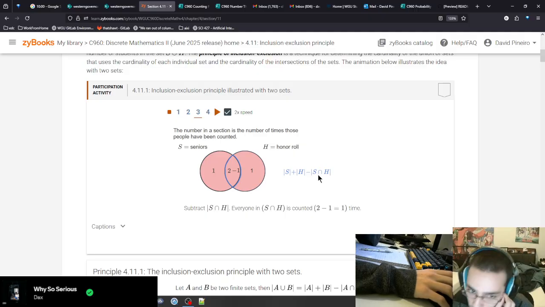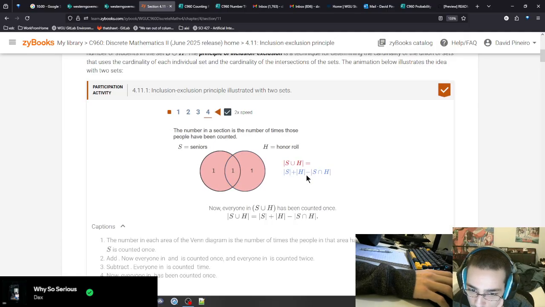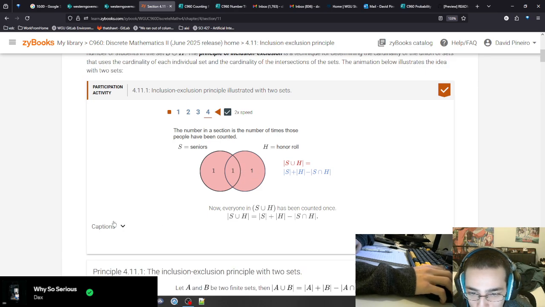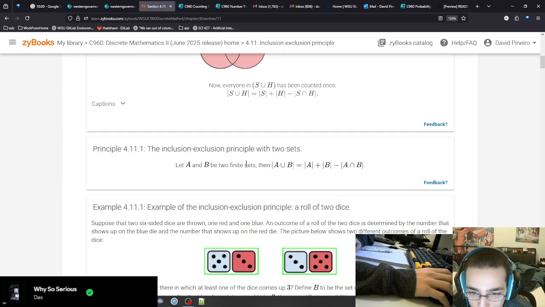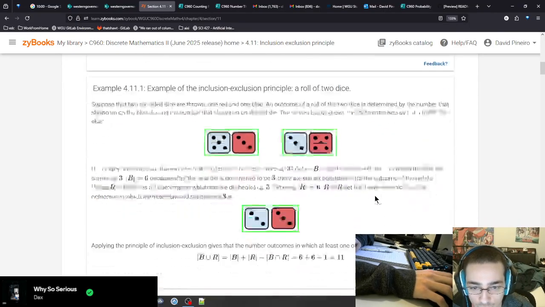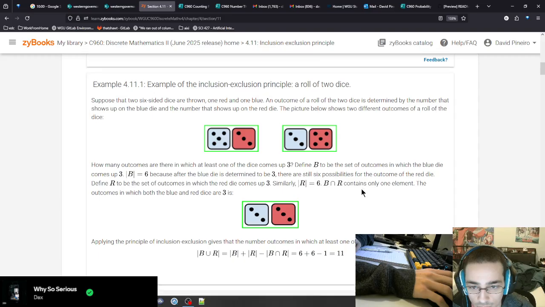What I don't get is what this is supposed to equal. Oh, it's a union. Oh yeah, okay. This whole thing is the left side, the middle, and then the right. Alright, that makes sense. So the union of two sets is that, where you gotta take out the intersection.